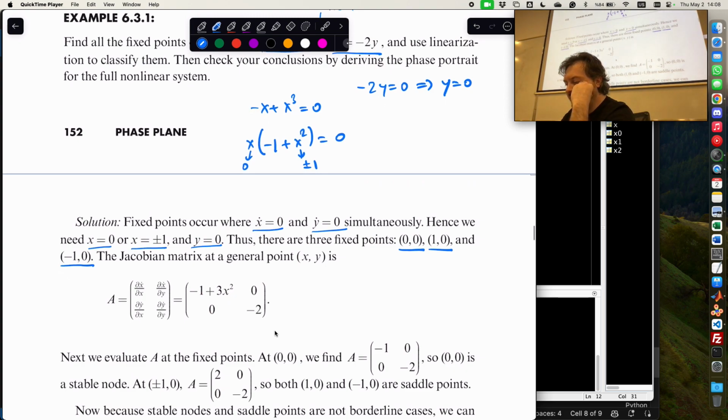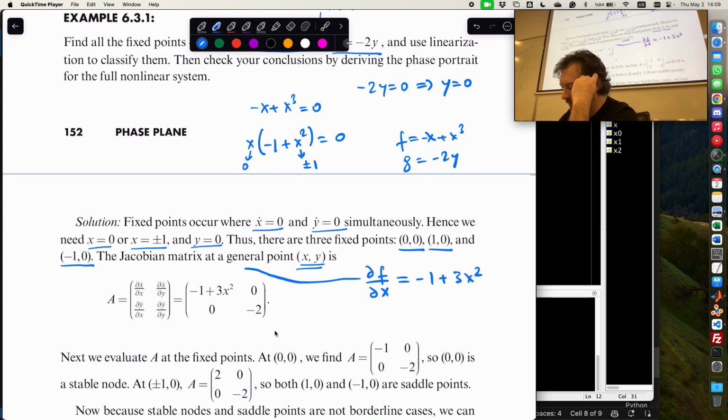And you can find the Jacobian. This is for a general point x, y. How did we find it? We took the derivative, where f is minus x plus x cubed, g is minus 2y. So what is del f over del x? Minus 1 plus 3x squared.